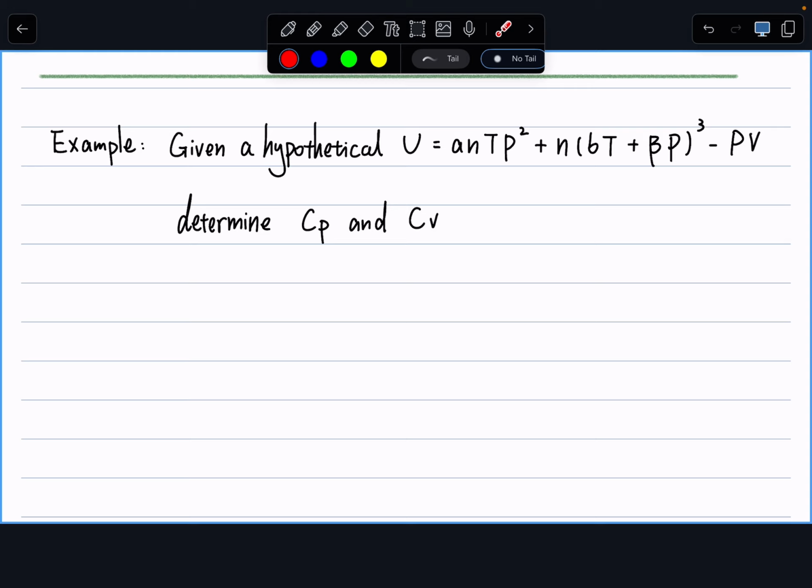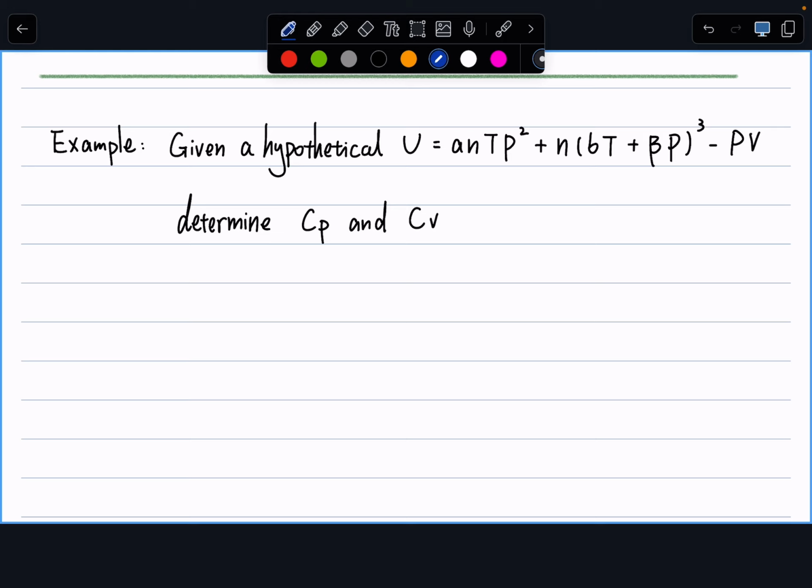We don't know exactly what that material is. The internal energy of that substance equals, say, A N T P squared plus N times B T plus beta P cubed minus P B. Can you use calculus and the definition of the heat capacities to solve for Cp and Cv? If you think it is not solvable, please state why it is not solvable.